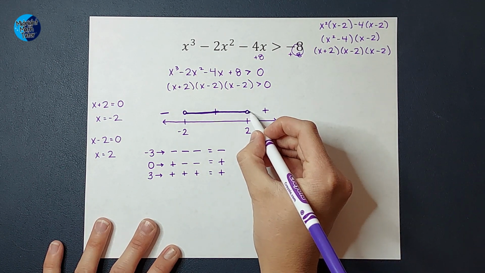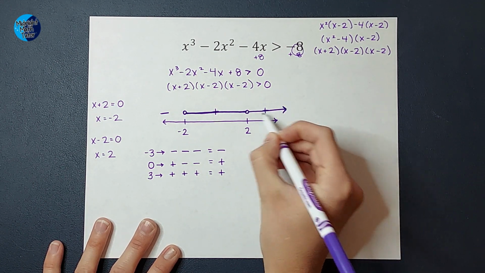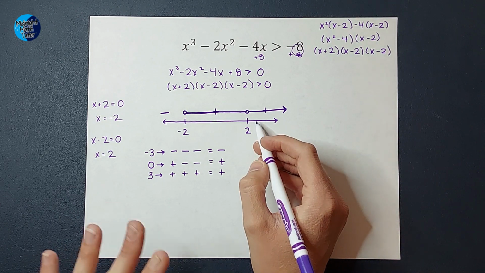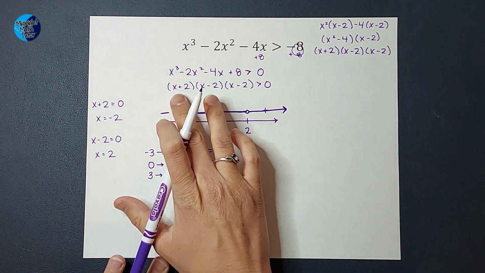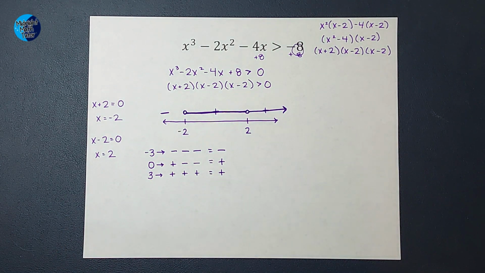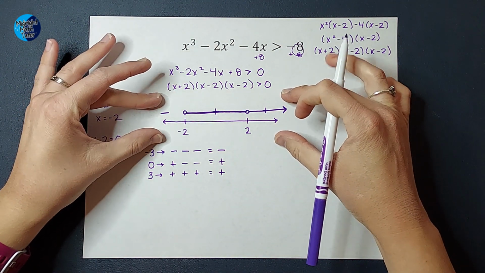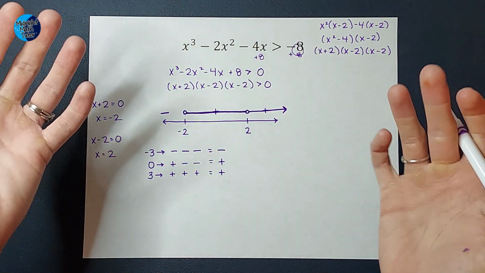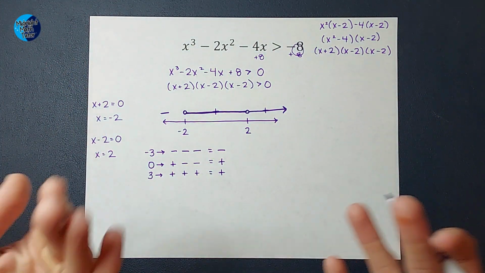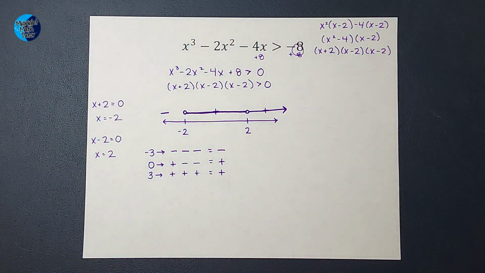Also, from 2 up, if I were to plug in a number bigger than 2 for x, I would also get a number greater than 0. Okay, so this is my answer, but your teacher probably doesn't want your answer as a number line, even though I think it's beautiful.